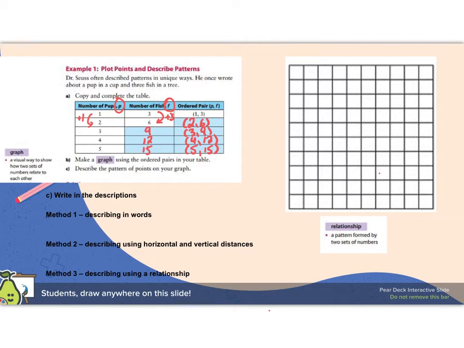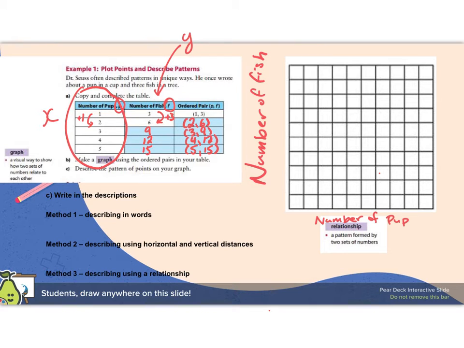So if I take a look at my graph, I'm going to try and graph this now. Usually my first column is going to be in my x-axis and my second column in the y-axis. So along the bottom here, I'm just going to label this my number of pups. And on my y-axis, this is my number of fish.